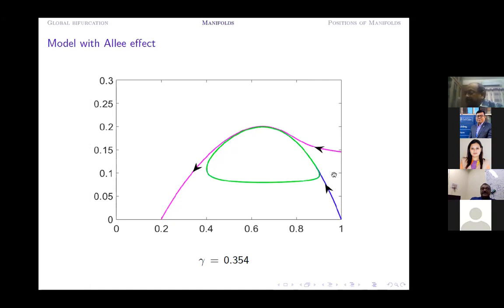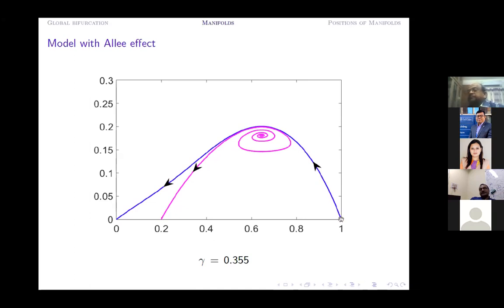But what is interesting is that if you change the parameter value gamma from 0.354 to 0.355, you can see that now the unstable manifold emerging from (1, 0) lies above the stable manifold of the equilibrium point E1. So there is an exchange between these two manifolds: earlier the stable manifold was above the unstable manifold, and in this case the stable manifold is below the unstable manifold.